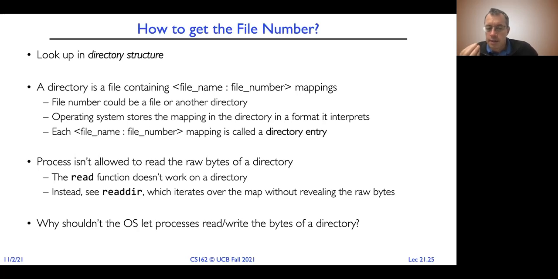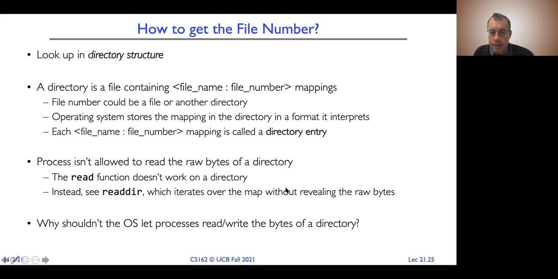But let me ask you this question: since at the low level the directory is just another file, why don't I allow the application to do reads and writes on directories? It's dangerous, right?